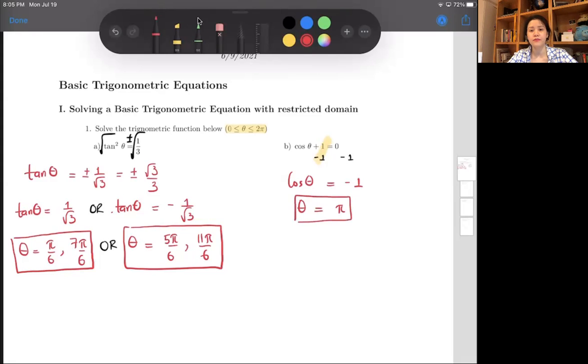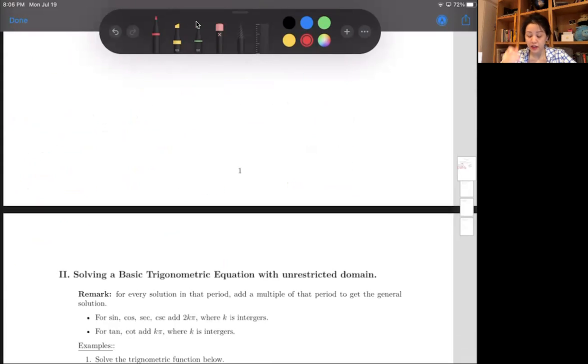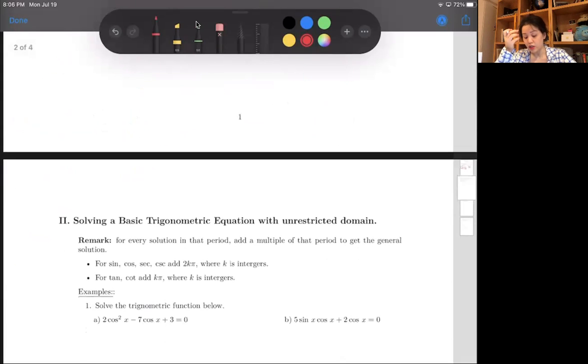The next problems we're going to look at are trigonometric equations with unrestricted domain. Remark: for every solution in that period, add a multiple of that period to get the general solution.